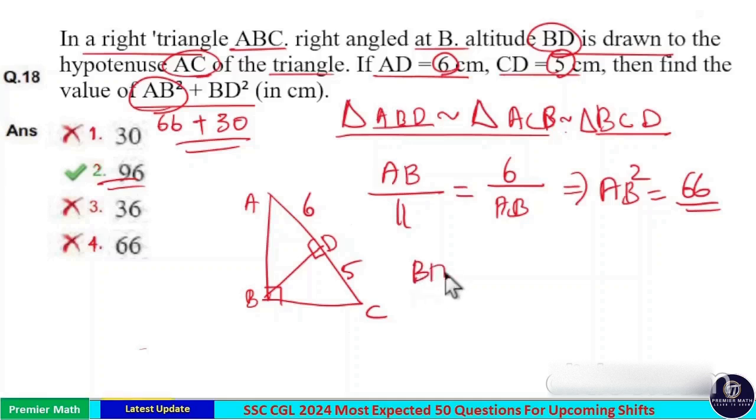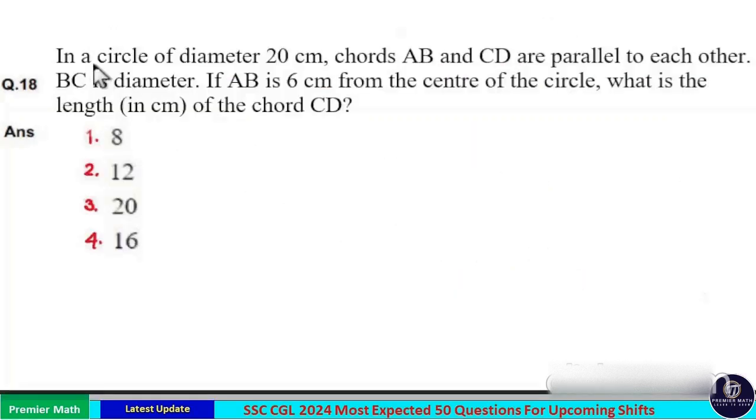Here the corresponding side to BD is CD. So CD is 5, which is equal to BD divided by, here we have to take AD from here. So AD divided by BD. Now AD is equal to 6 here. So BD square is equal to 30.